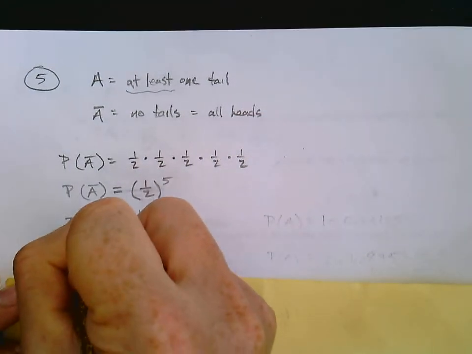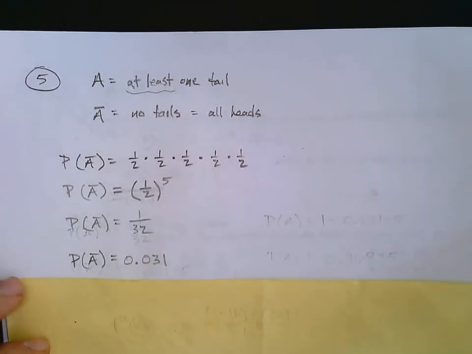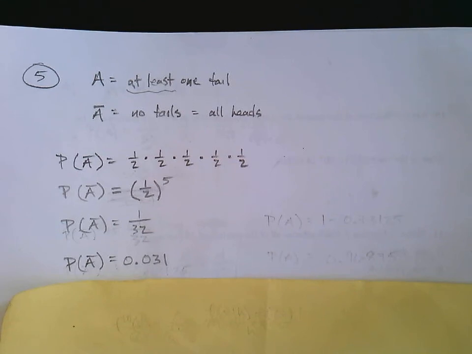That's really what we want here. The probability is 0.031. So the chances of flipping 5 heads on 5 flips of the coin is quite small, 0.031, just a tiniest bit above 3%.